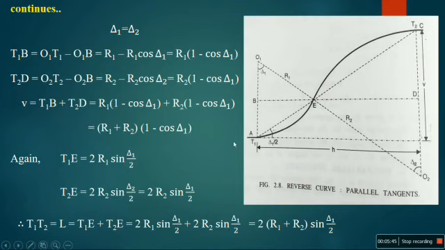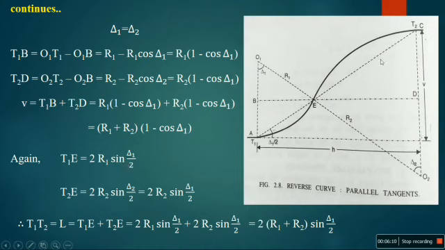Next, we calculate the distance T1E. This is the long chord for this arc, calculated by the general formula 2R sin delta by 2. In this case it is 2R1 into sin delta 1 by 2.